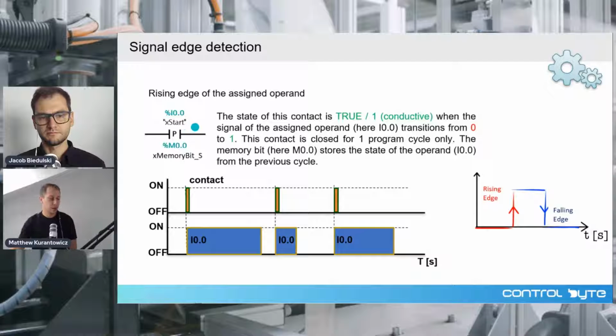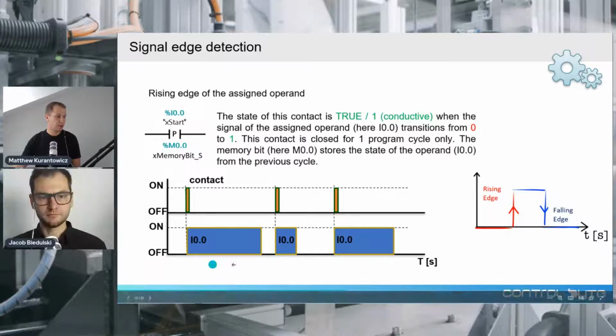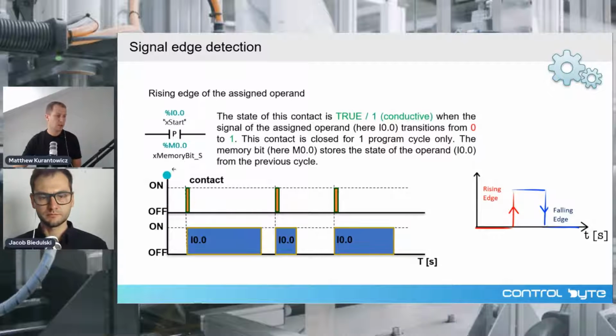Here we can put an input, for example, for a button or a sensor, and down below the symbol we have a memory bit for that. What's more, we have the diagram here, and we can see that for one cycle only, we can detect the transition from the low state to the high state of the physical input of our PLC.